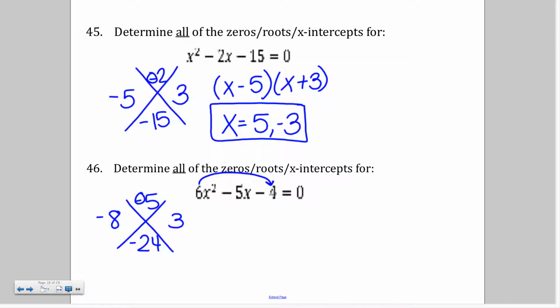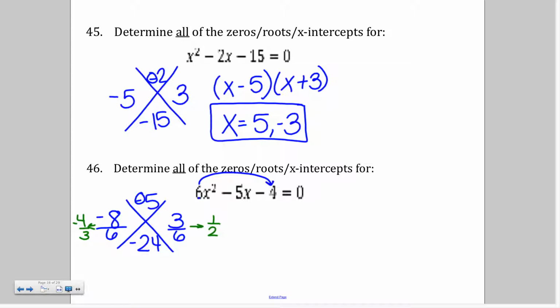Now, the only issue with this one is we have to have a number up front. So we're going to have to divide both of these by the beginning number. And we'll simplify them. So 8 over 6 is going to simplify to 4 over 3. And it's going to be negative. And then 3 over 6 is going to simplify to 1 over 2.